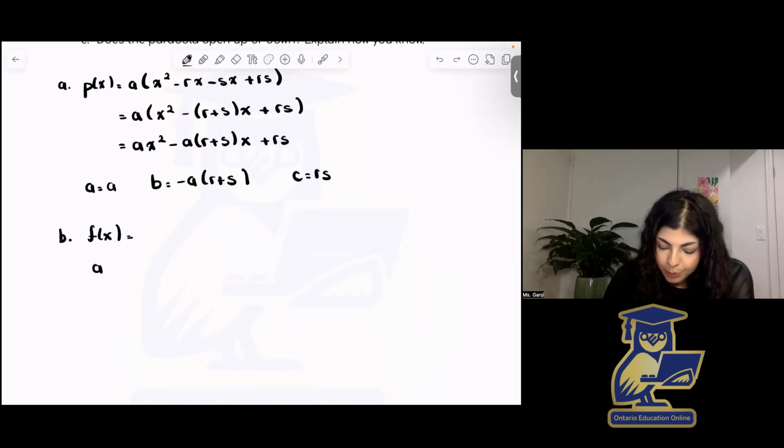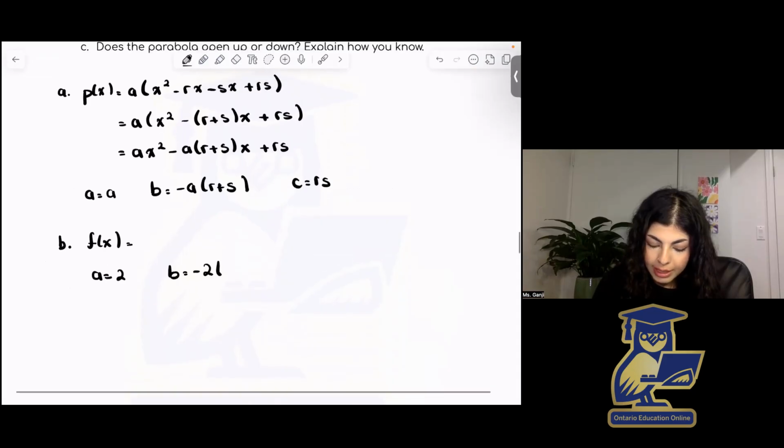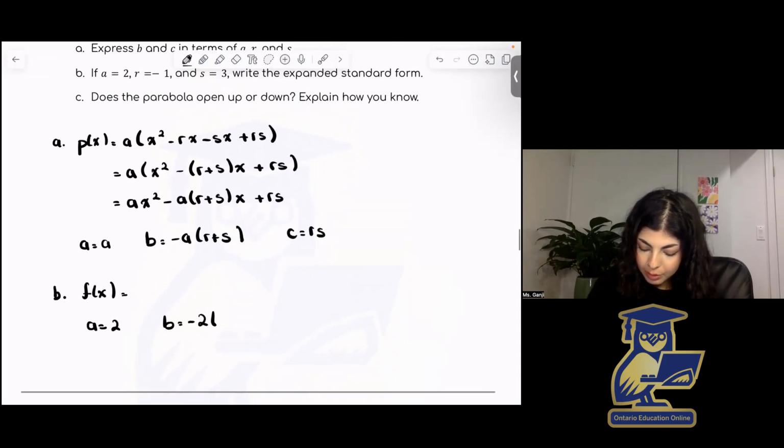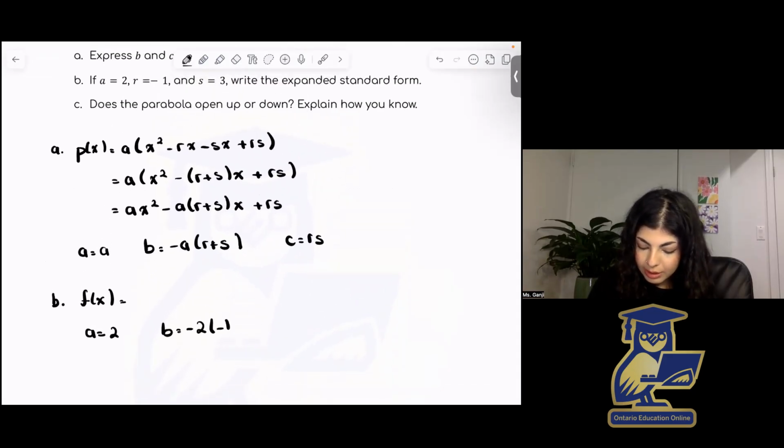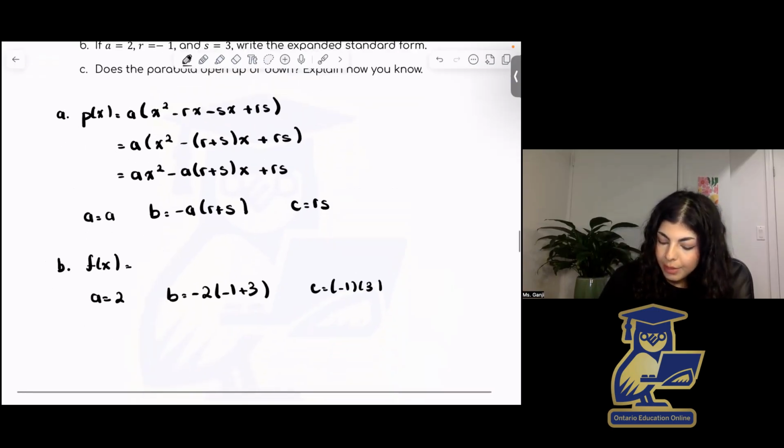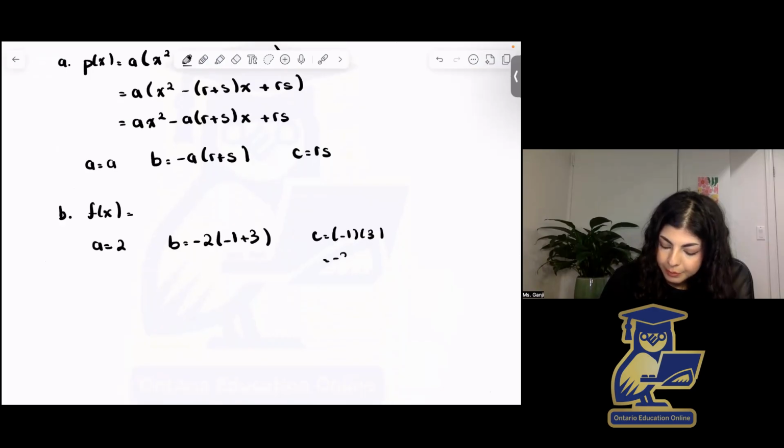So a is going to be 2, b is going to be negative 2, and then r and s here are negative 1 and 3, and then c is just negative 1 times 3. So here we get negative 3, and here we would get negative 4. So then we have 2x squared minus 4x minus 3.